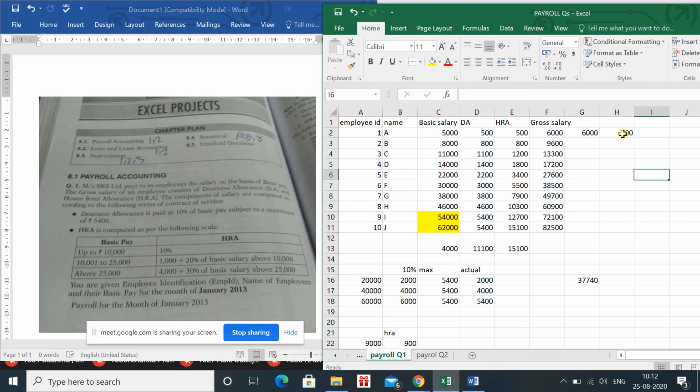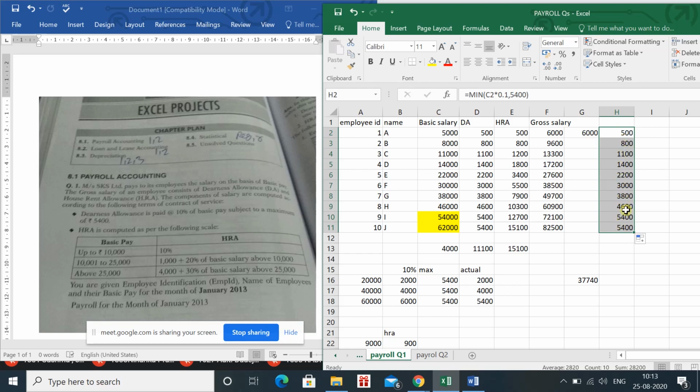When I'm going to this particular cell at the end, now plus sign is coming. When plus sign is coming, press your mouse or your touchpad in the laptop. Then don't leave it, drag it till the point. Suppose I want to drag it till the 10th employee, then drop it. So in this way this formula will be applied in all these cells.